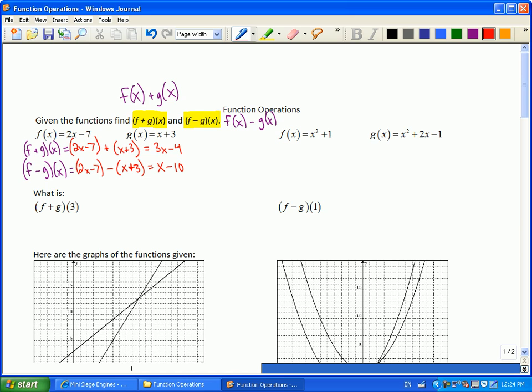So I'd like you to try that on the second pair of functions right here, just to show me that you're understanding how to add and subtract and use the new notation. I'll try and catch up to you. You can check your work against mine. I have been known to make the odd mistake, so you may want to double check and see if my answer makes sense.